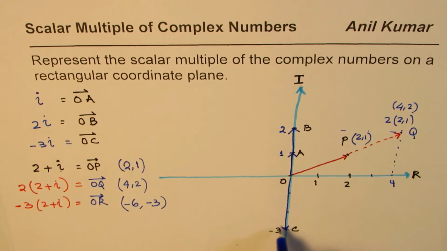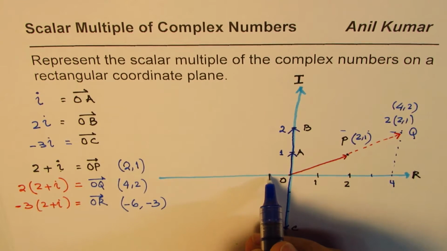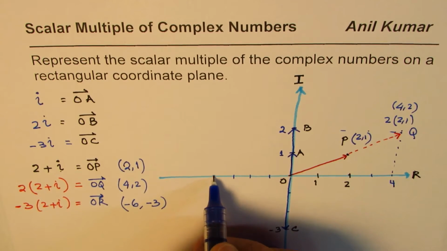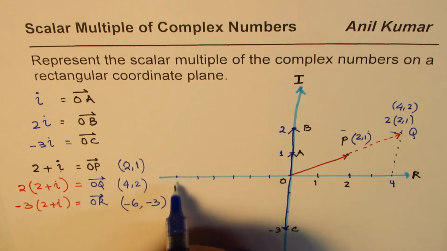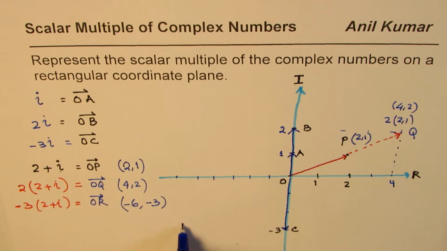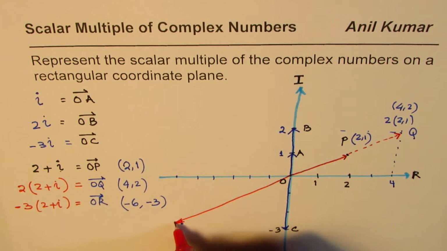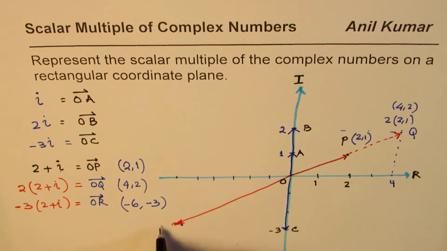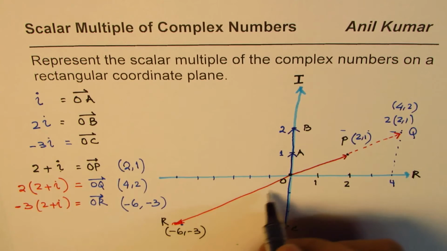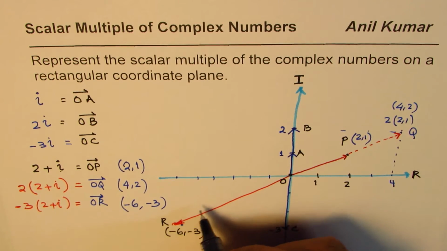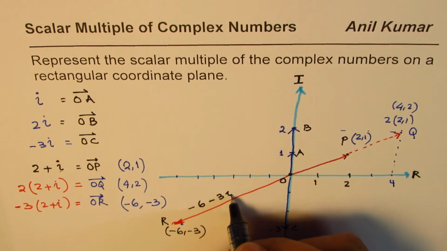So we get a point on this side: 1, 2, 3, 4, 5, 6, that is minus 6, and then minus 3 is here. A line from O to this point, let's say R, with coordinates minus 6, minus 3, represents minus 6 minus 3i. Do you see that?